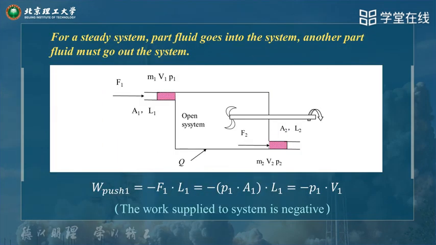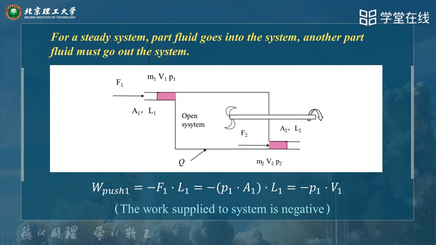For a steady system, part of the fluid goes into the system. Certainly, another part of the fluid must go out from the system. There is no mass storage in the system because it is steady flow.